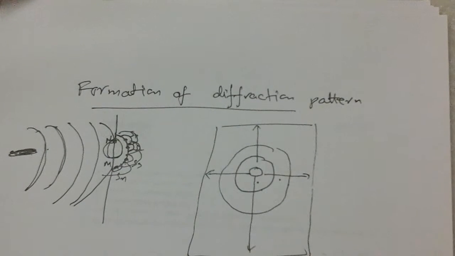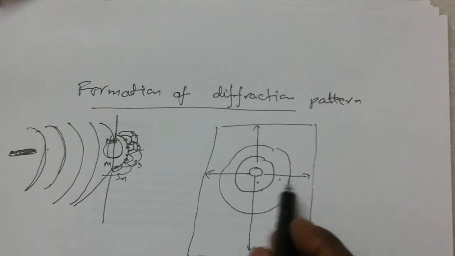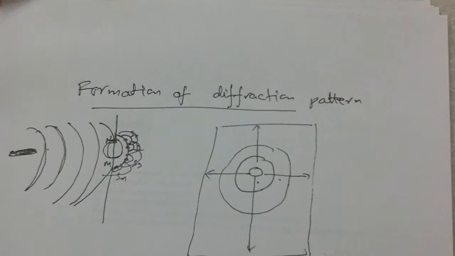As you go in any direction from the center, left, right, down or top, the bright fringe intensity decreases, the bright fringe disappears and appears totally dark.